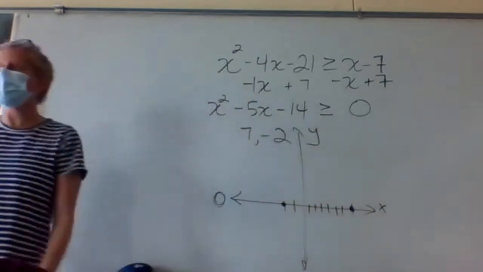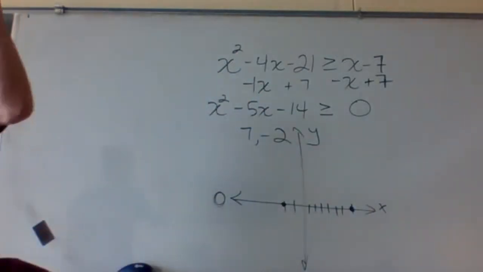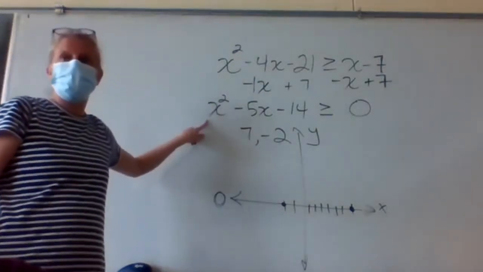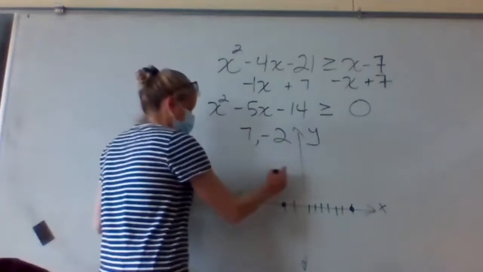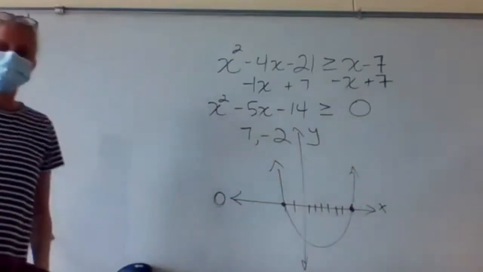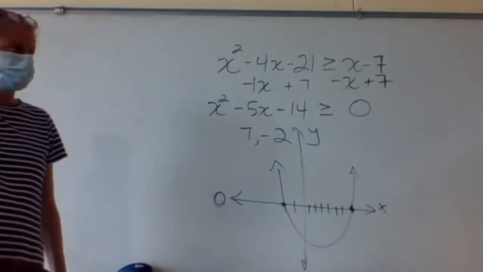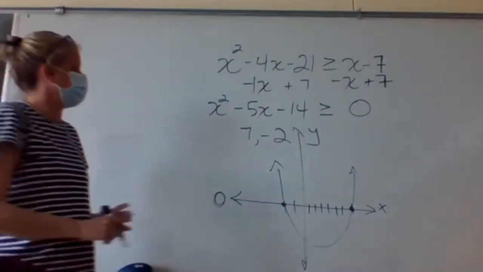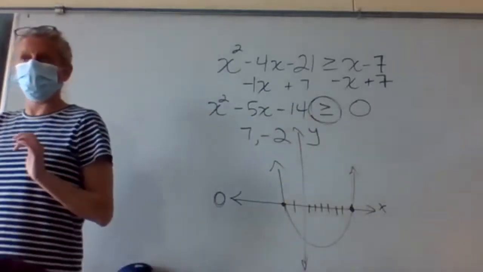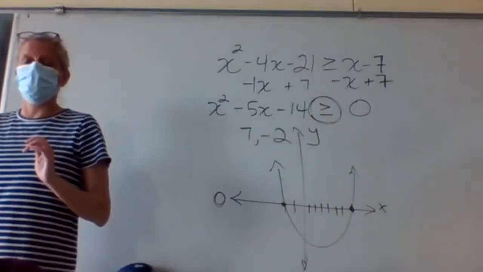Before I draw my U shape, I need to see if it's right side up or upside down. So it's positive x squared, so it's going to be right side up again. Now, what's my symbol? Greater than or equal to this time. So what does that mean?